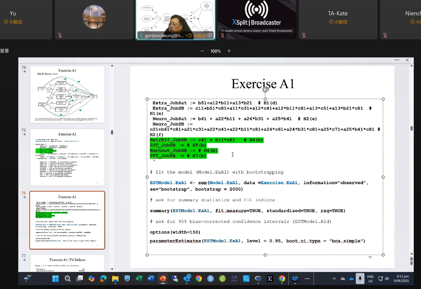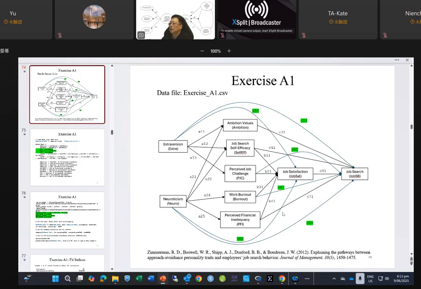Now, let me see. Self-efficacy to job search behavior. It is C41 plus B11 times CH1.